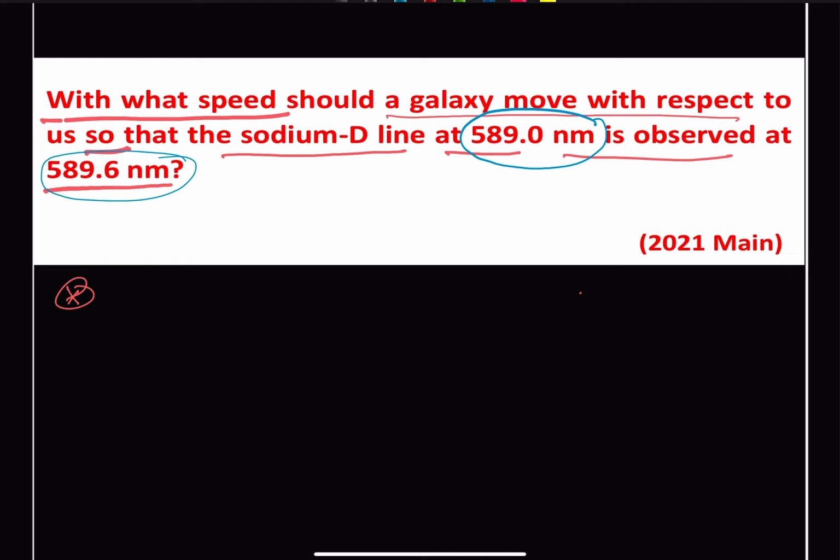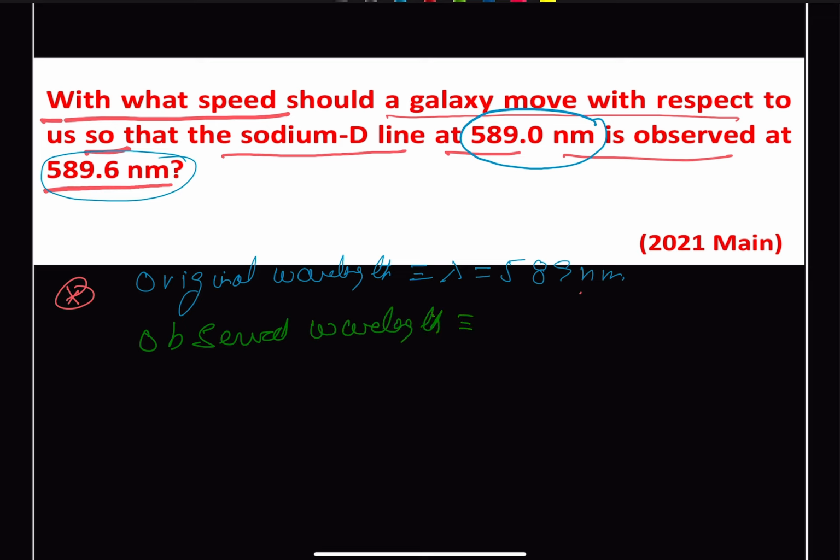Let's start from the basic one. So we have our original wavelength, that is our lambda naught, and that is 589 nanometer, and we have the observed wavelength, our lambda, that is 589.6 nanometer.